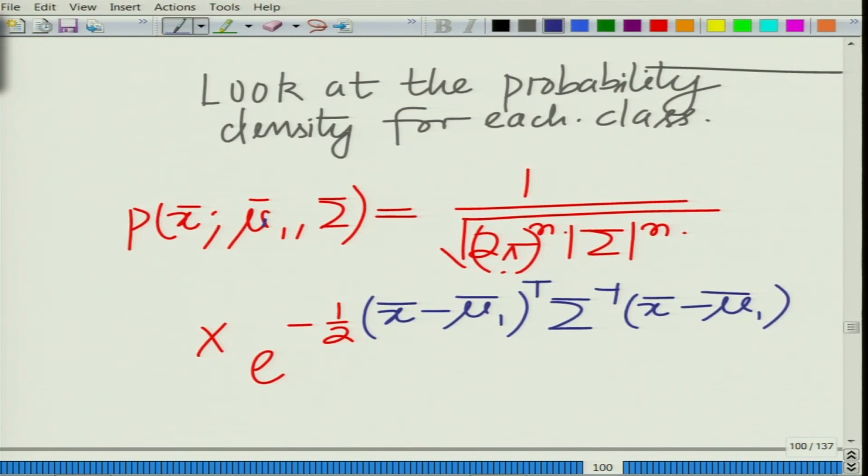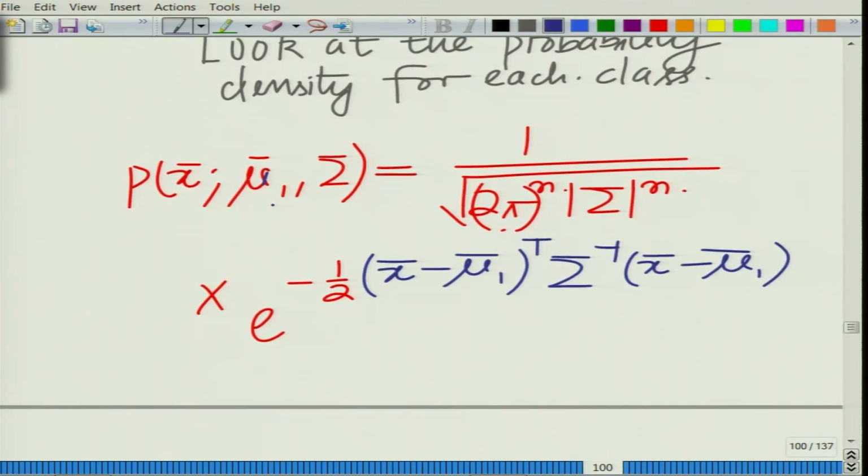Okay, so this is basically your PDF corresponding to class 1.